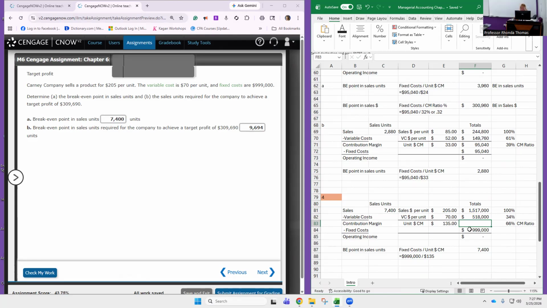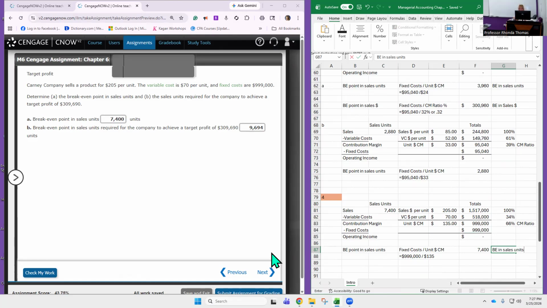And if we do the math right, here's the sales minus the variable costs. There is where your contribution margin matches up equally with your fixed costs. So we know we found the right break-even point in sales units.